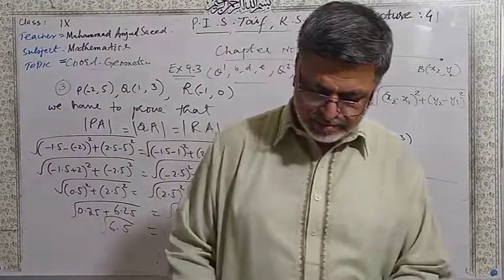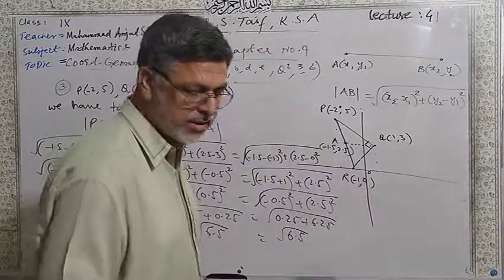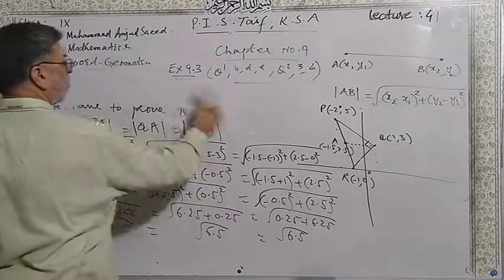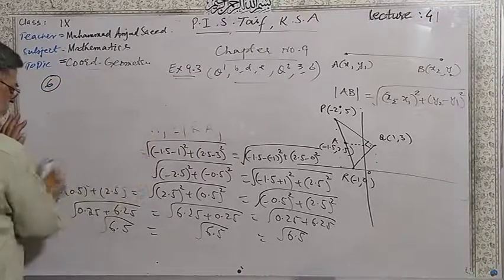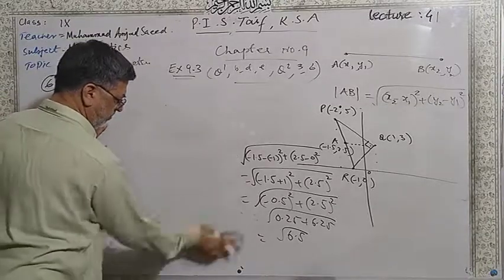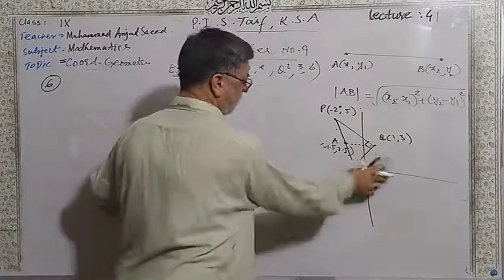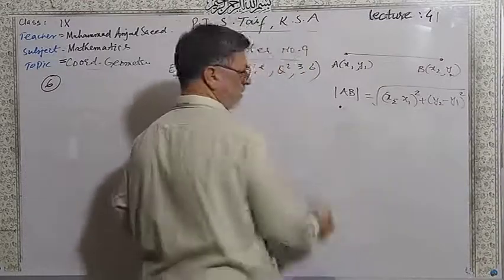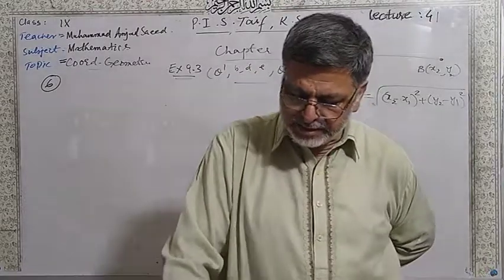Okay, this is finished. After that, we have question number 6. The vertices of the triangle are given.